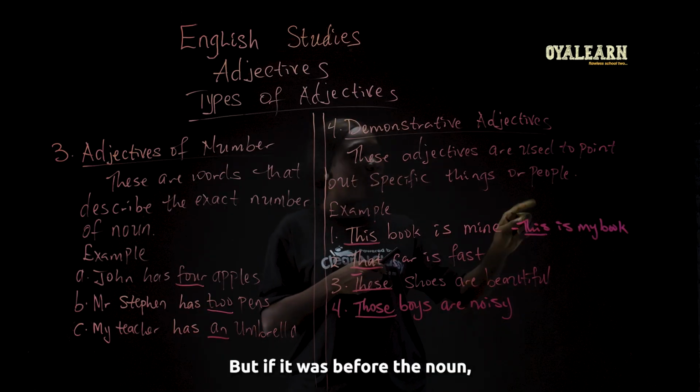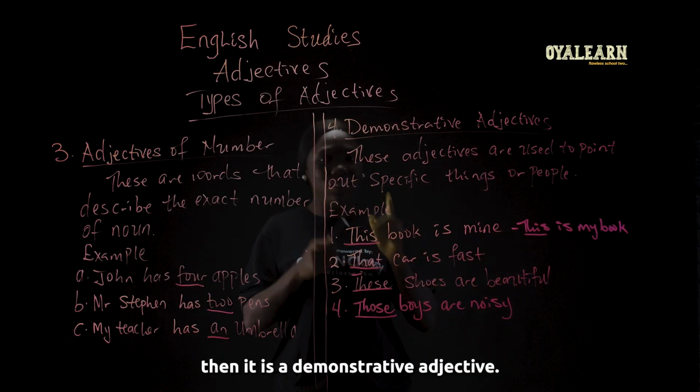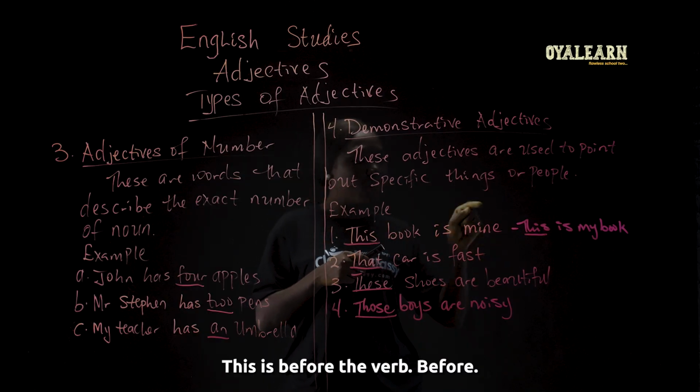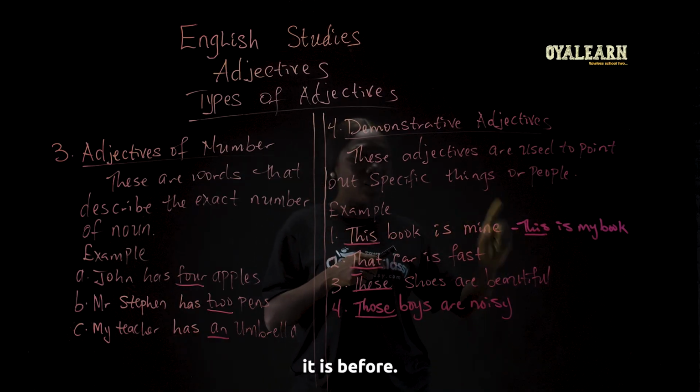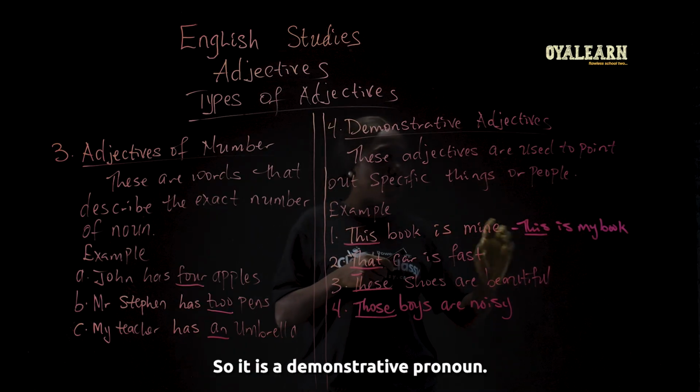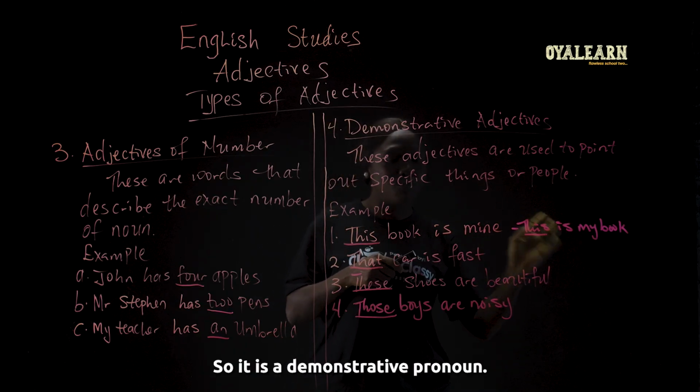If it was before the noun, then it is a demonstrative adjective. But you see that this word, this, is before the verb and not the noun. So it is a demonstrative pronoun.